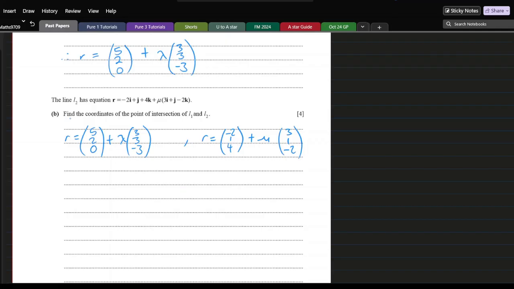So we're told that these two lines intersect and we need to find the coordinates of their point of intersection. So to find it, we have to solve simultaneously.